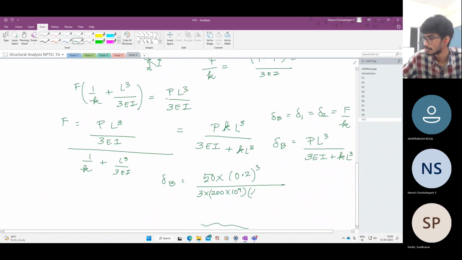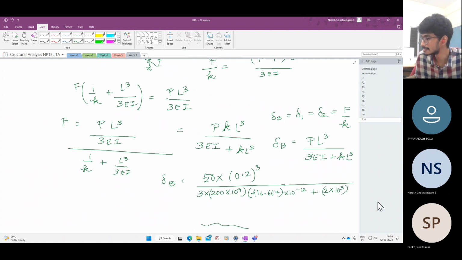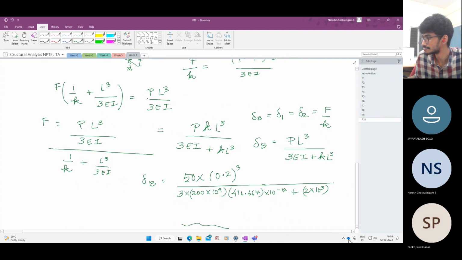So that is 416.667 mm cube, so into 10 power minus 12, plus what is K? K is given as 2 newtons per mm, but you want to get it in meters. So 2 into 10 power 3. And L is again 0.2 the whole cube.